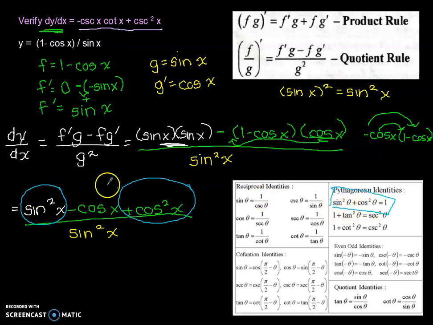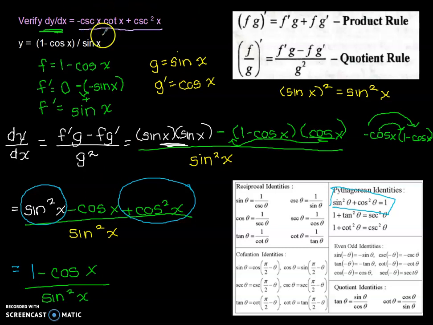So we replace that sine squared plus cosine squared with 1 and bring everything else down: minus cosine of x over sine squared. I've simplified the numerator so that I can't do anything else anymore.